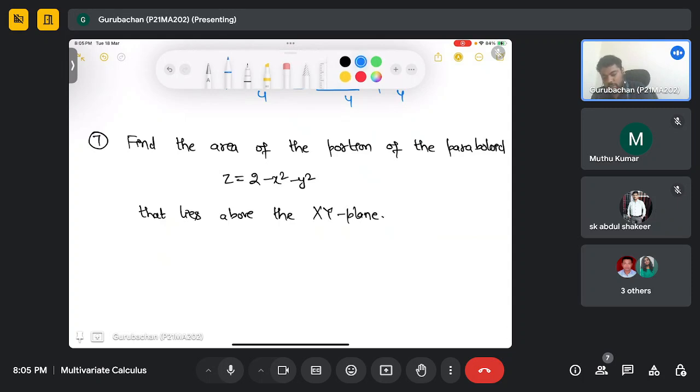Tell me how we can calculate this area. What is the approach? Anyone?